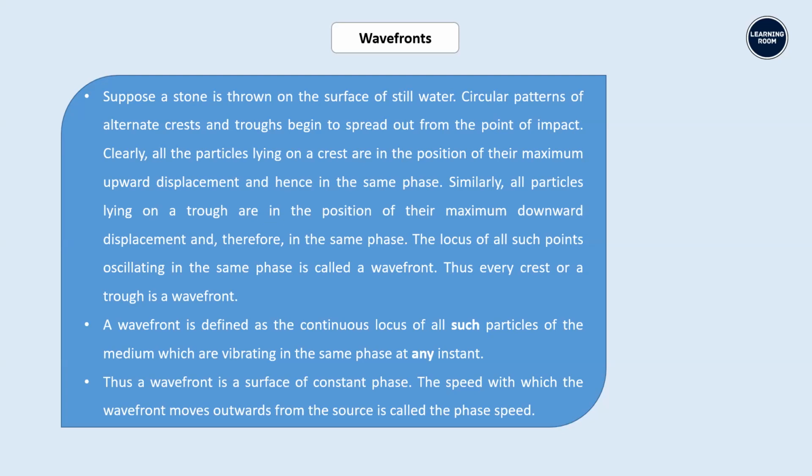Are you able to visualize what I'm trying to say? It is disturbed and starts vibrating about its mean position, which is the point where I created the disturbance. But how is it able to form the surface? That is an important question. It should have vibrated only at its mean position. Then what is happening?